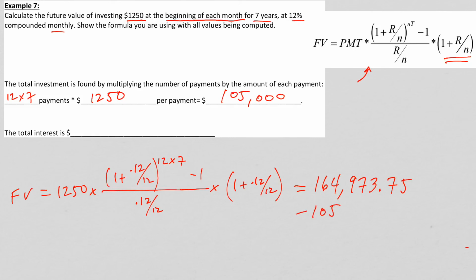So to calculate the interest, we get 55,000. I guess I'll just write it up here. 55,000. Not 55,000, $59,973.75. All right, and that's it. That's the worksheet.